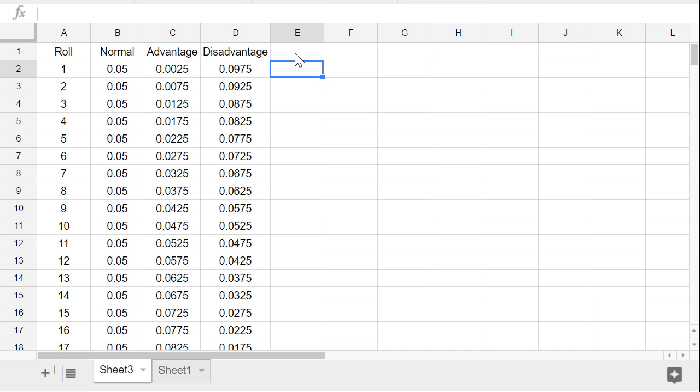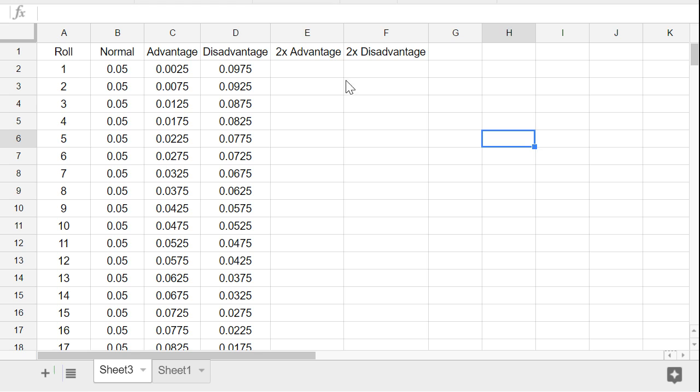So I guess you could call that 2 times advantage. How would you go about calculating these probabilities? Is it going to be just as easy? Probably not. But let's think about it. You've got 2 times advantage, so you're taking the largest out of 3 rolls, 3 d20s.